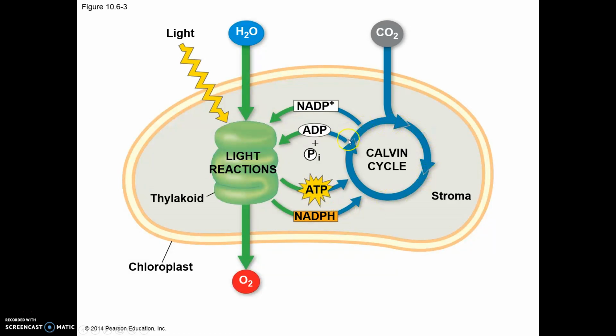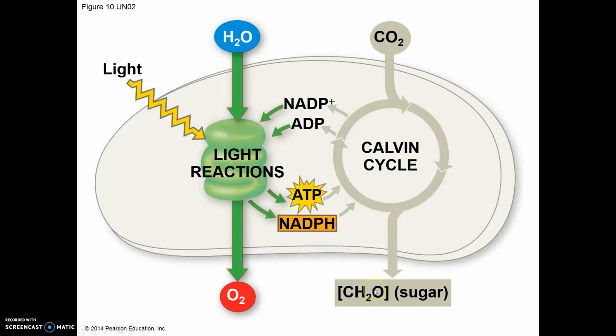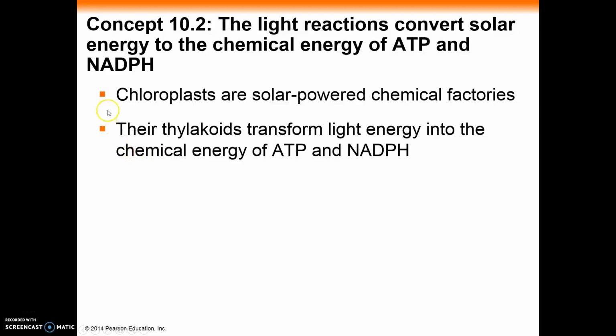This will then feed into the Calvin cycle along with carbon dioxide, which will produce the sugar. Right? So let's take a closer look at just the light reactions.